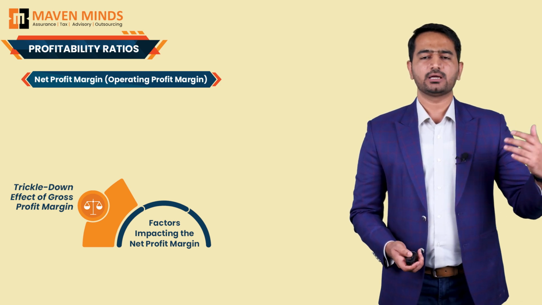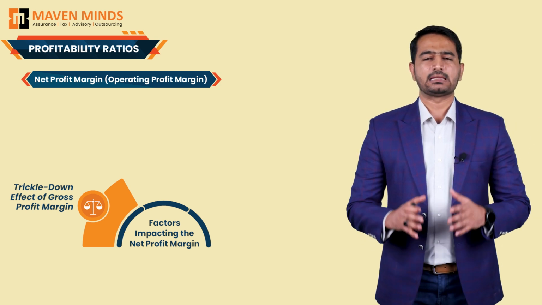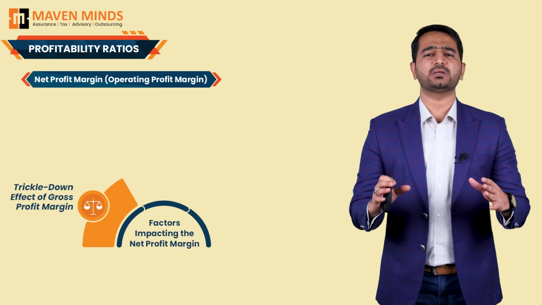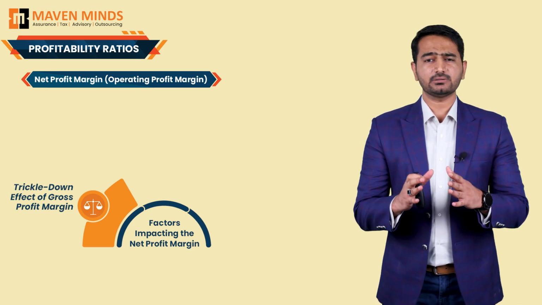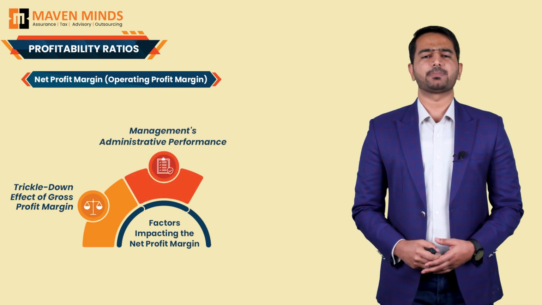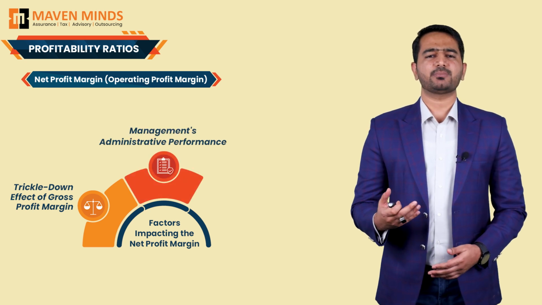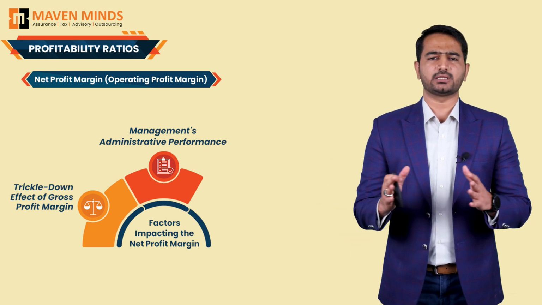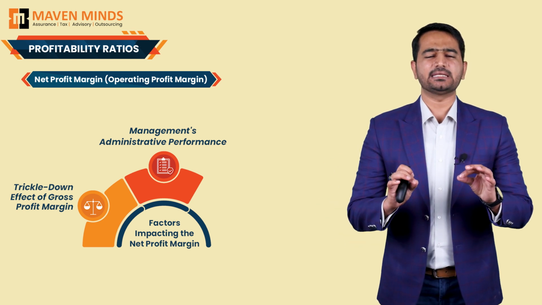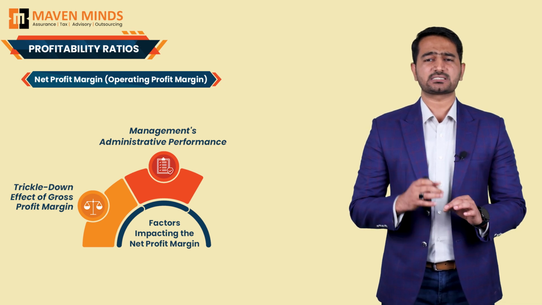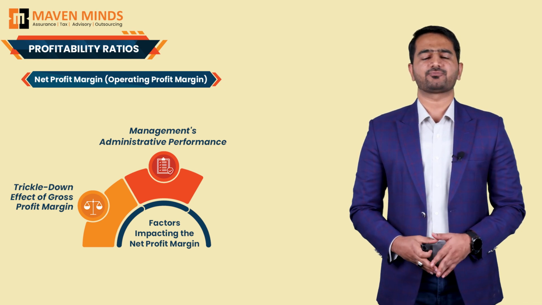Net profit margin can serve as a tool for measuring management efficiency, particularly in terms of administrative performance. For example, if the net profit margin has improved from 5% to 10% within a year, this might indicate that the management or the administrative operations have become more effective.